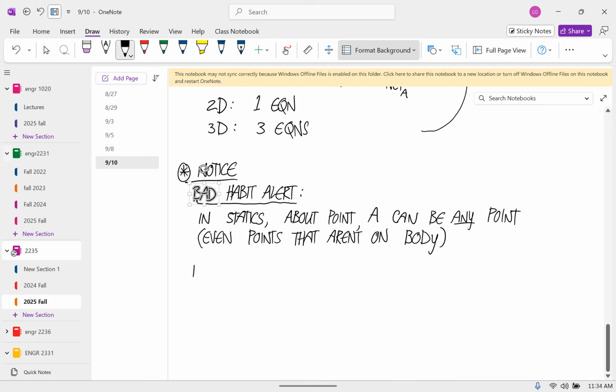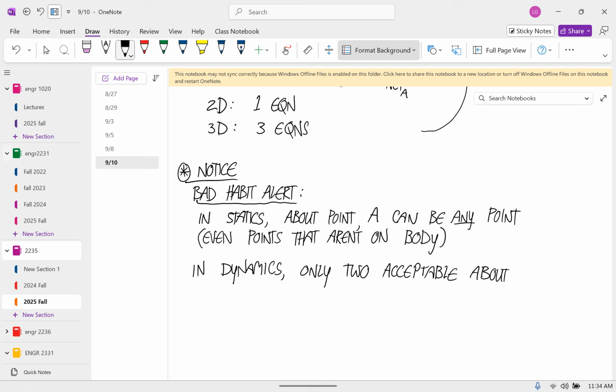In dynamics, there are only two acceptable about points. The first one is the center of mass of the body.